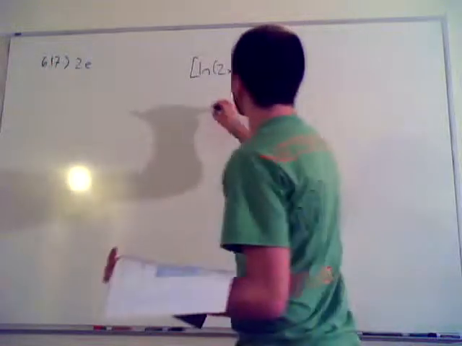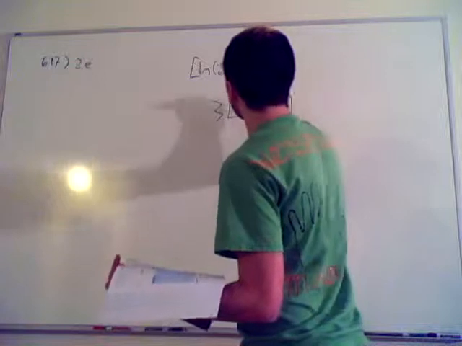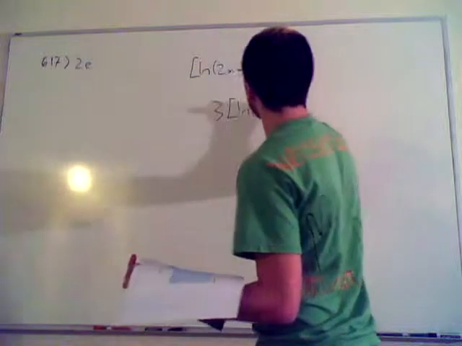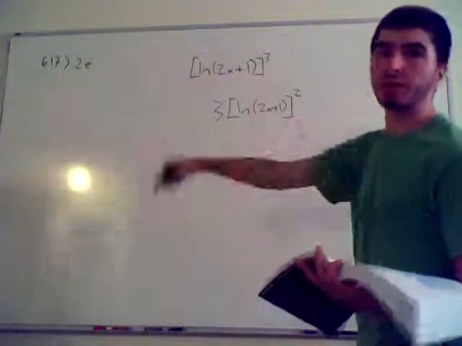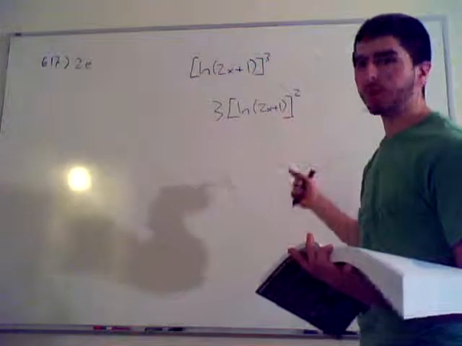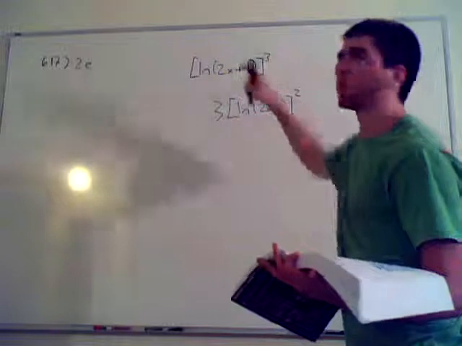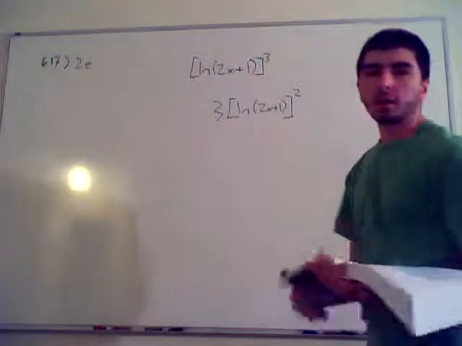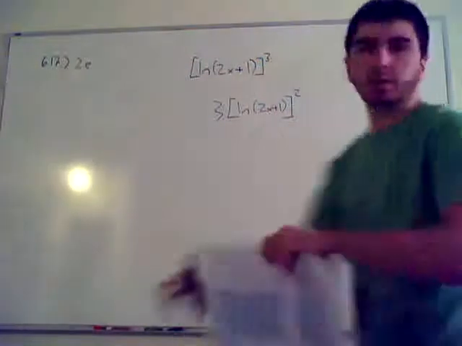It's 3 times all that thing, which is natural log of 2x plus 1, squared, right? Because with chain rule, the 3 comes down, 3 gets dropped to a 2, times the derivative of the inner part. Now, how do you do natural log of 2x plus 1? Yeah, just leave that for now.